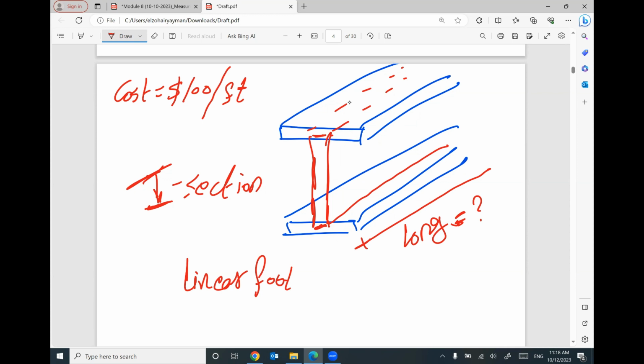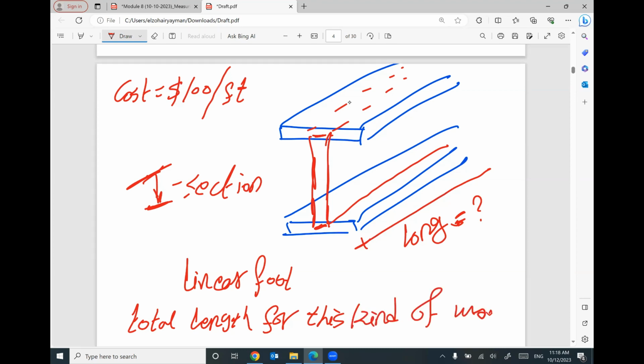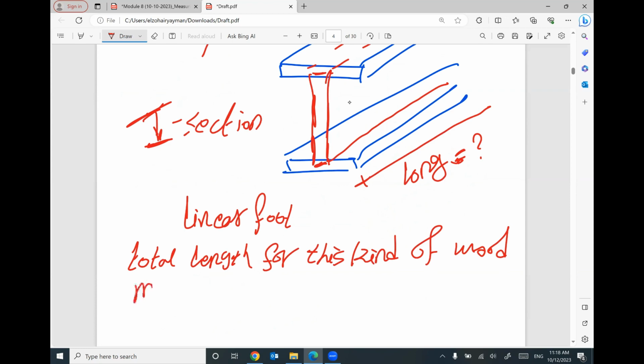Does that make sense? So we need to figure out how many foot, or what is the total length for this kind of wood members.